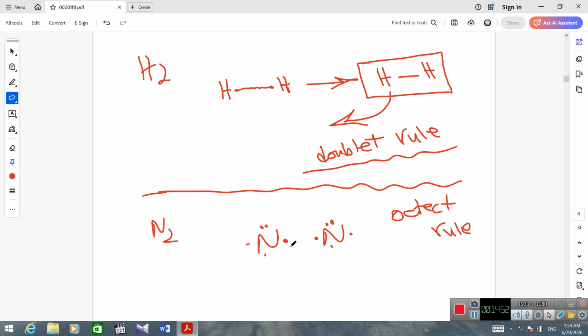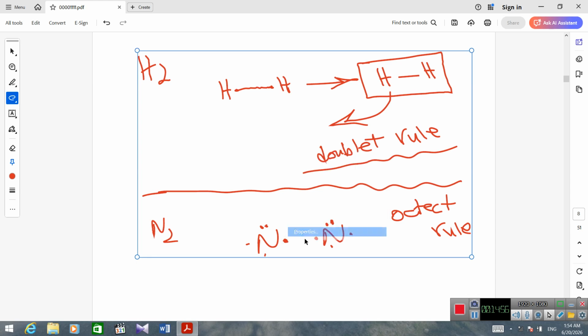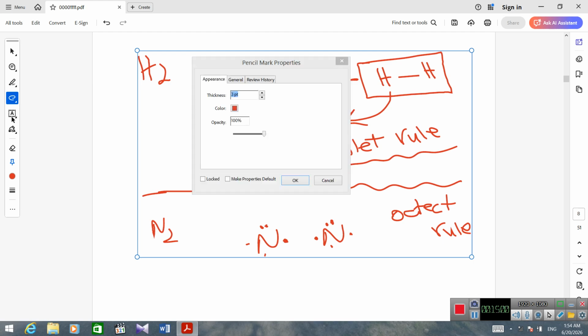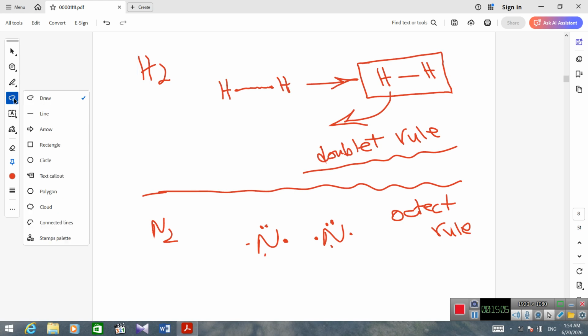I connect one single electron to another, and I count the electrons for each nitrogen in their valence shells.